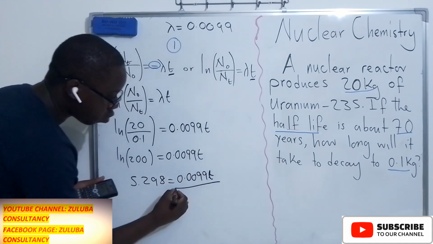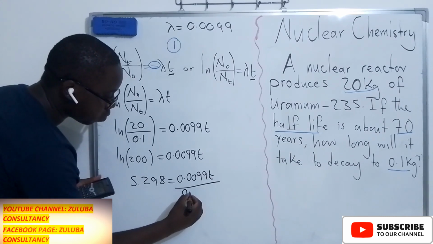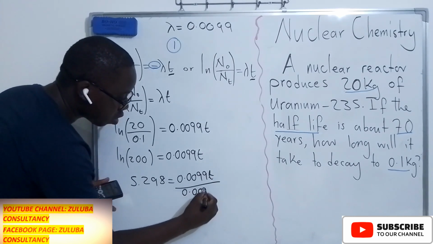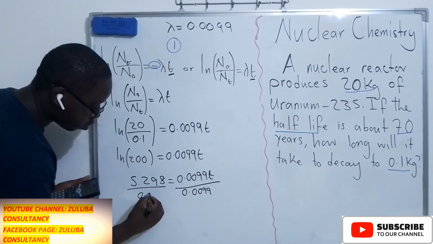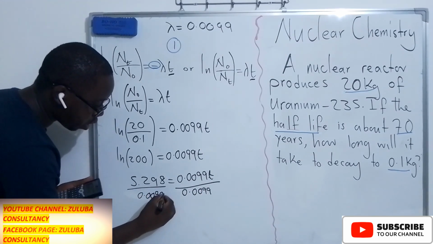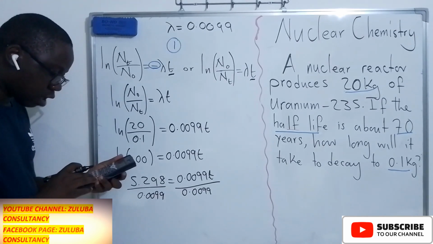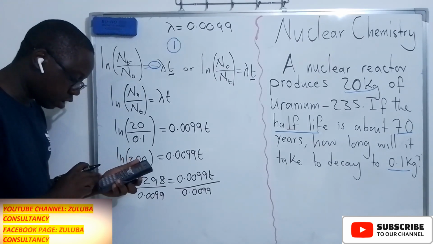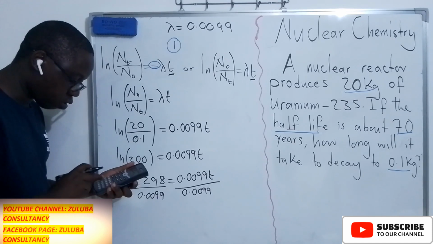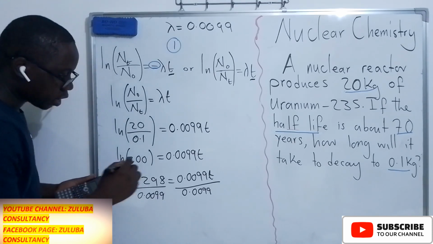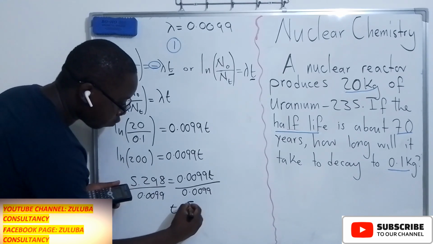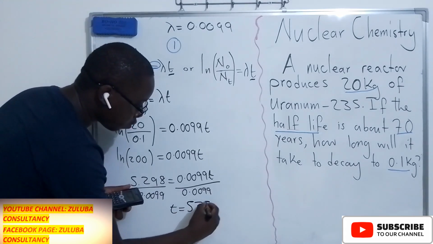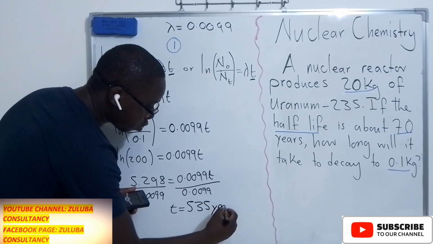So we divide both sides by 0.0099. We are saying this answer we have on the calculator, we are dividing by 0.0099. We are getting that t is equal to about 535 years.